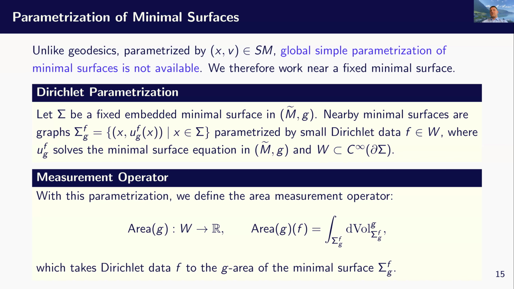So the metric is now fixed, and then you solve the minimal surface equation and you compute its volume or area. So this is the area measurement operator. So now we have a local parameterization for the minimal surface, and we can start to do analysis.